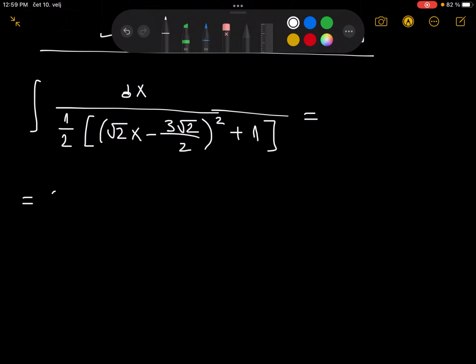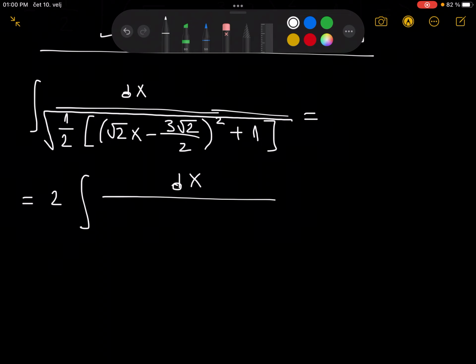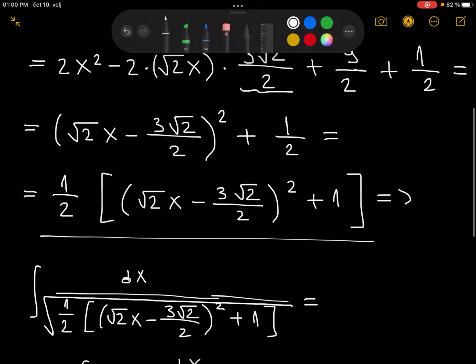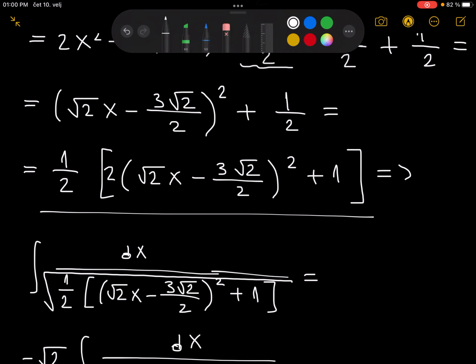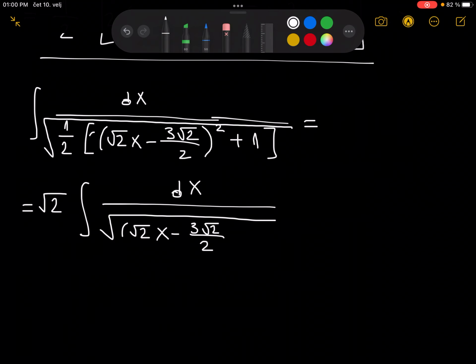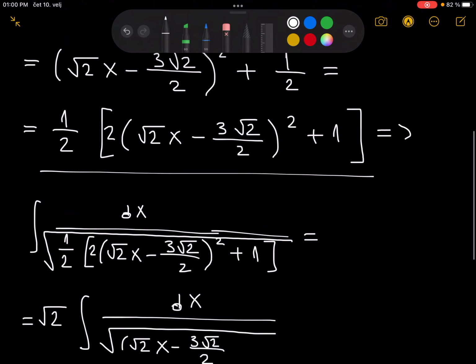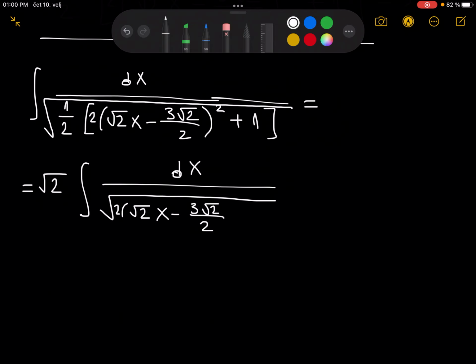Of course, everything is under the square root, so this will be the square root of 2 times the integral of dx over the square root of x minus 3 times square root of 2, and we mustn't forget the 2 right here, and it's also here, and here, and this is squared plus 1.